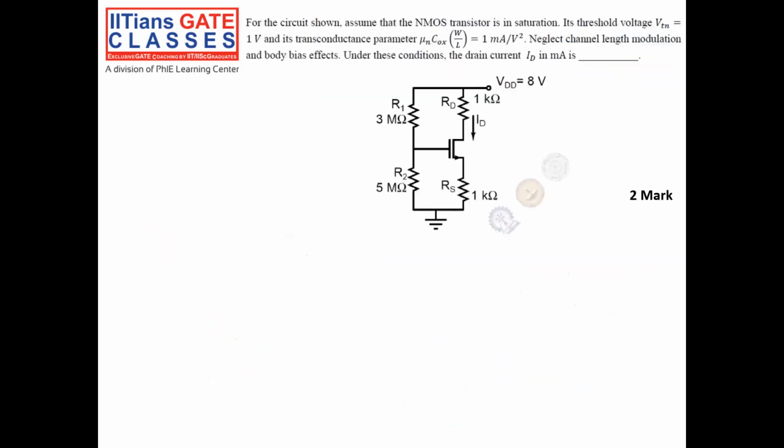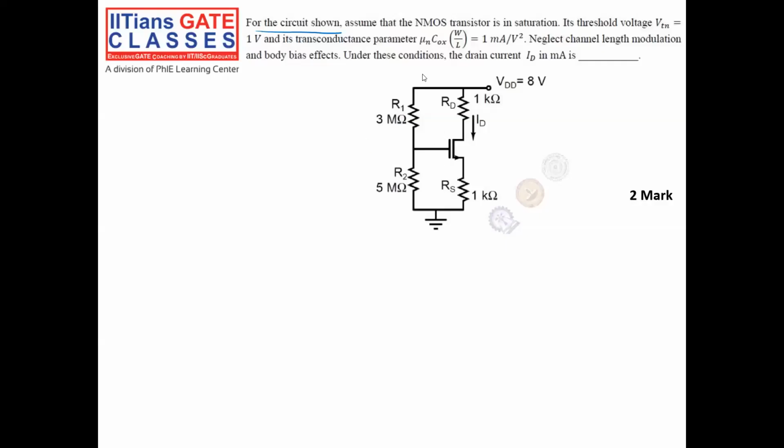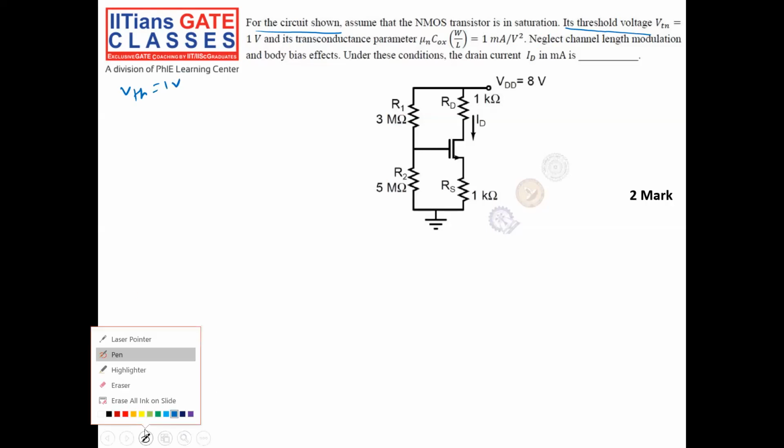Let us see the next question. For the circuit shown, assume that my NMOS transistor is in saturation. If the threshold voltage VTN is 1 volt, and the transconductance parameter mu Cox W by L is 1 milliampere per volt square, neglect the channel length modulation and body effect.